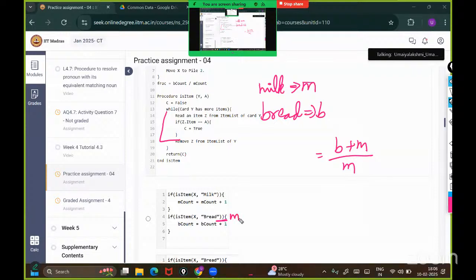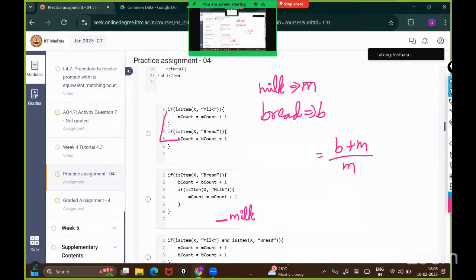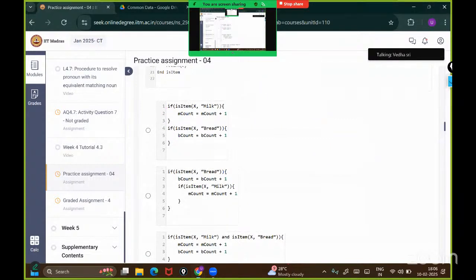If the item is eggs and bread and if the item is eggs and milk, then this is correct. Can you understand this? I'm saying if I remove, can you see the third step, first, second, and third? In the third step, there is a second bracket, the middle bracket. If I remove this, then this option can be correct or not?